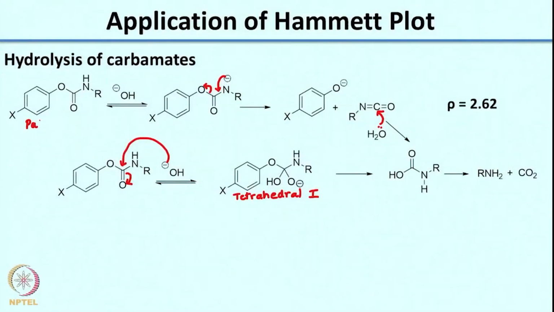So you can carefully look at both mechanisms. Let us call this path A and we can call this path B. So now what I want you to think about is, based on the rho value, which is a positive slope indicating electron withdrawing groups increase the rate, electron releasing groups decrease the rate.